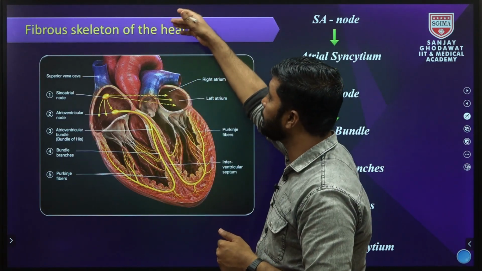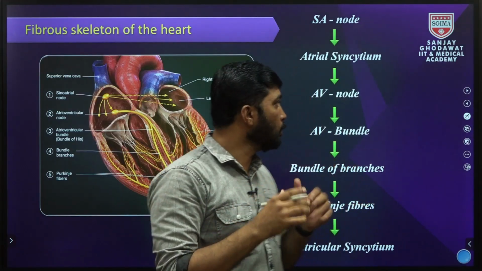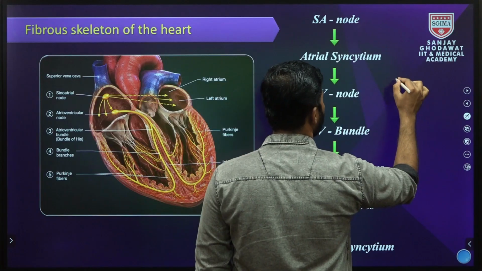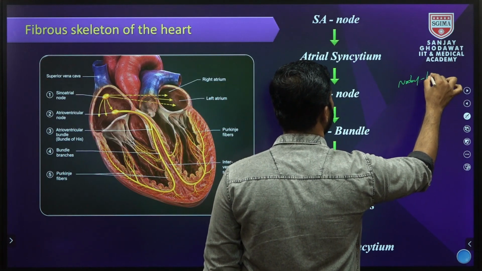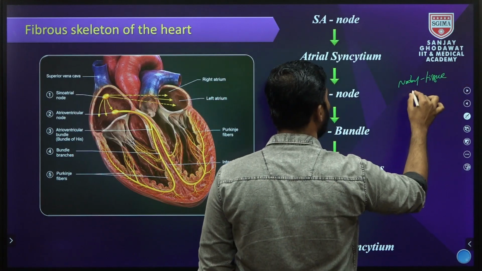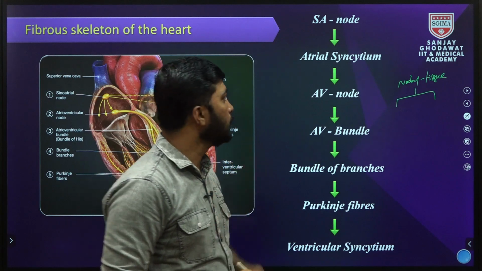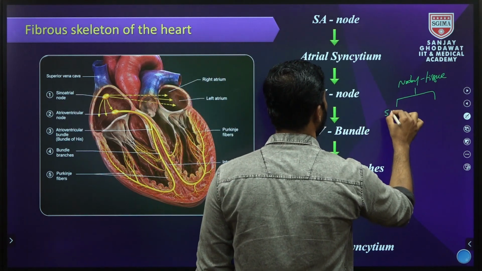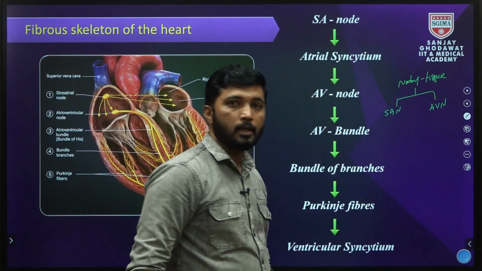The nodal tissue is a specialized tissue, and it includes two different nodes, the sinoatrial node and the atrioventricular node.